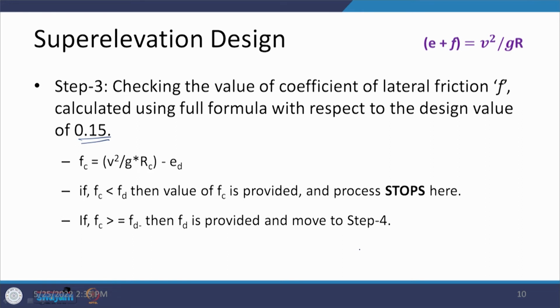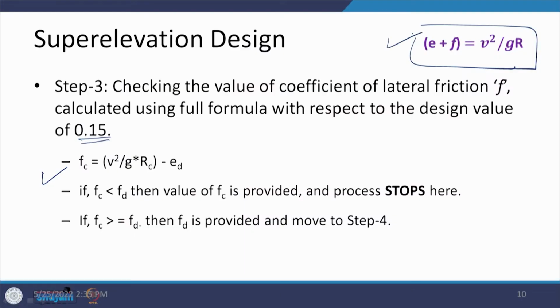Now, when we are doing this checking, we are going to utilize the complete formula rather than considering 0.75 V, because now 0.75 V is already being consumed and 25% is being taken care of by F. So, with the total value, we are going to work with the complete value of V rather than the part value.